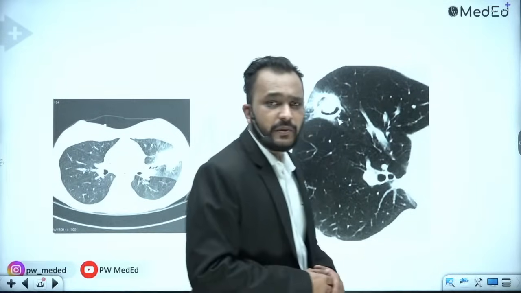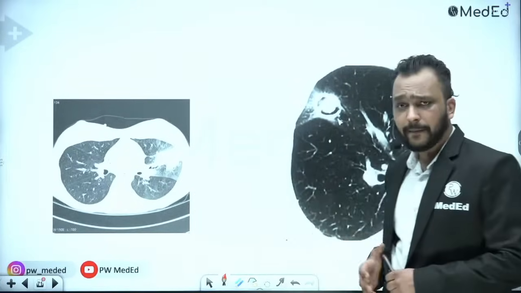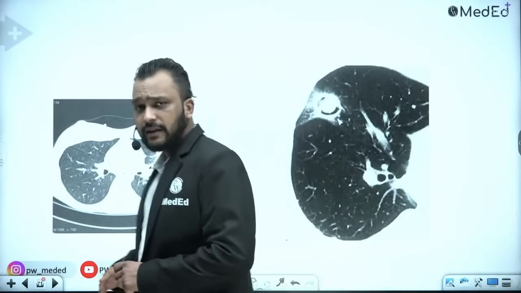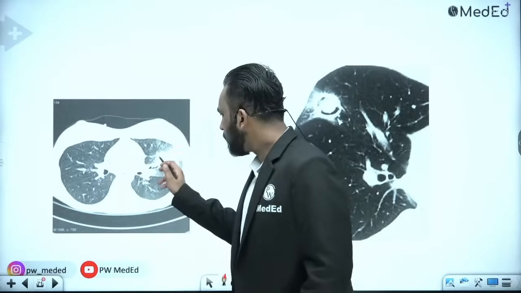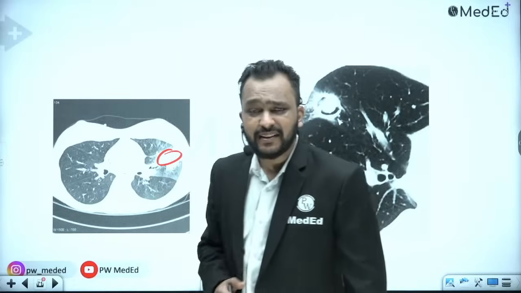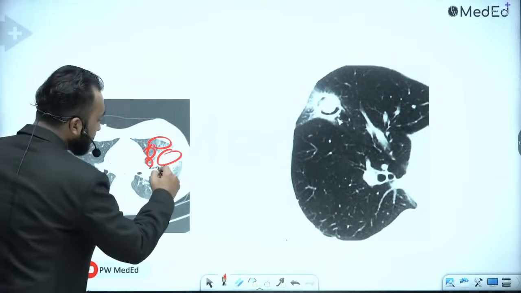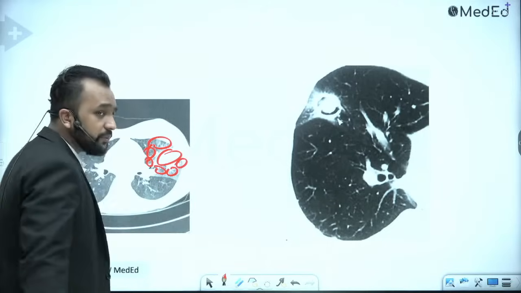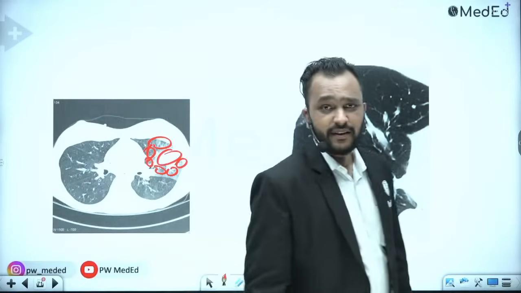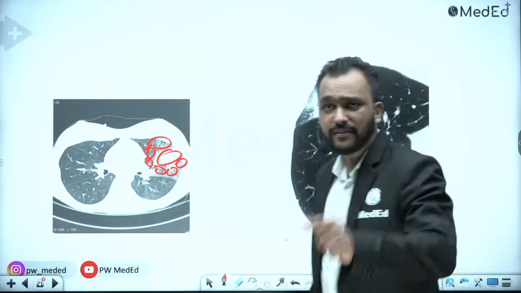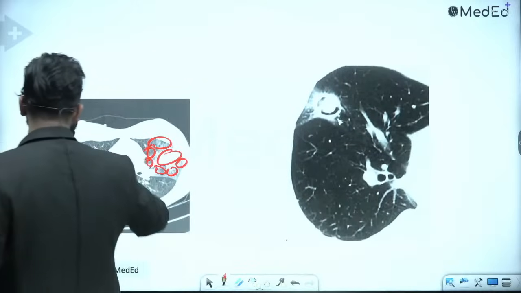Now guys, coming to another fungal infection in which you are going to see an area of consolidation, and surrounding that area of consolidation you will see ground glass opacities. So this is known as your halo sign.